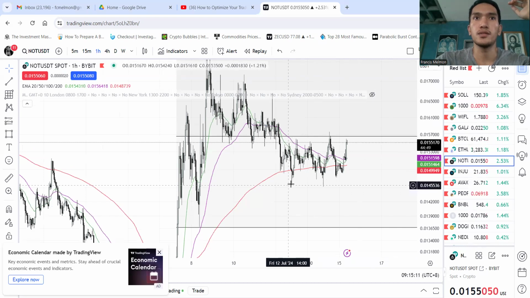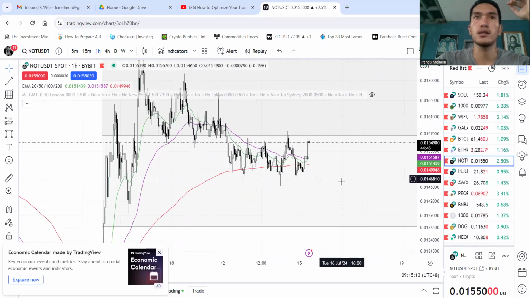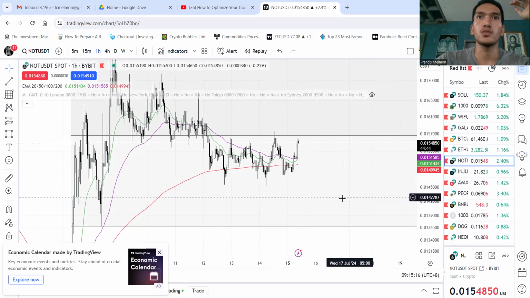Still have some liquidity in this area that we could take. This will be a good area to take a long position.